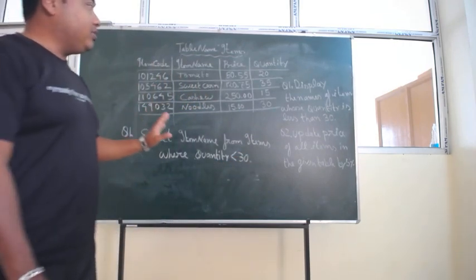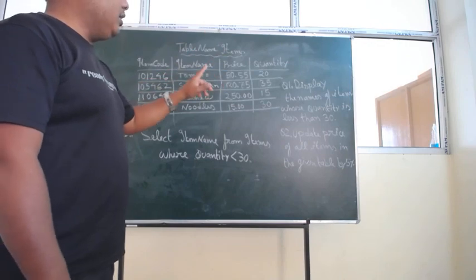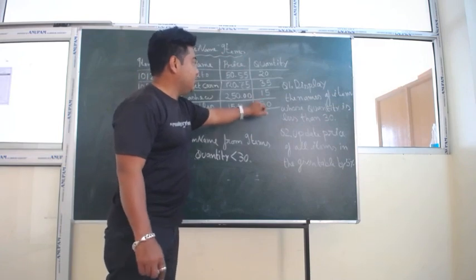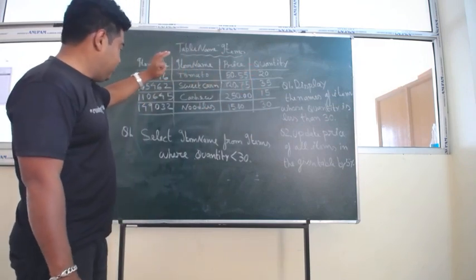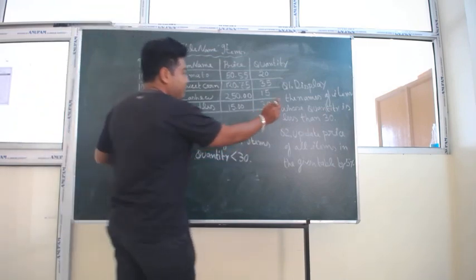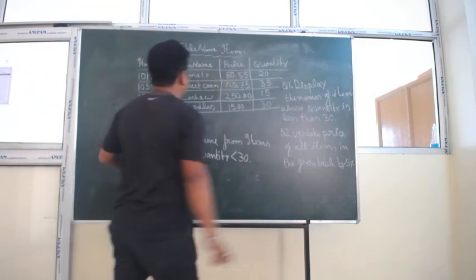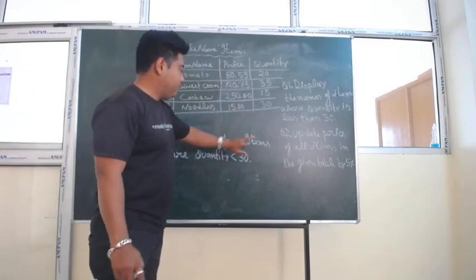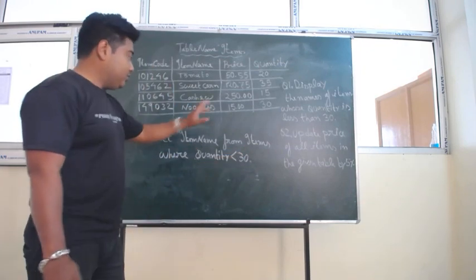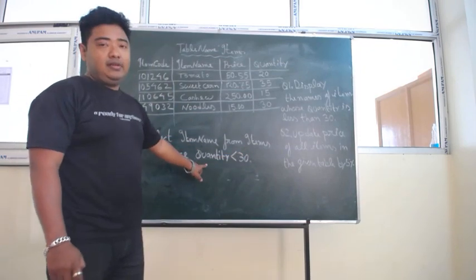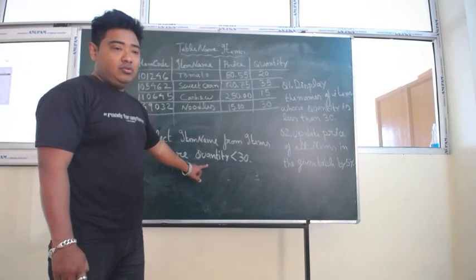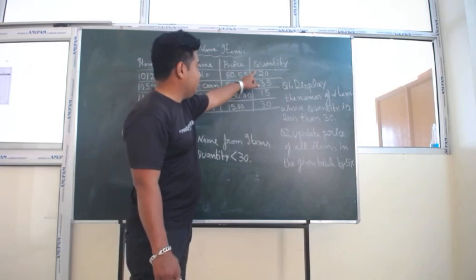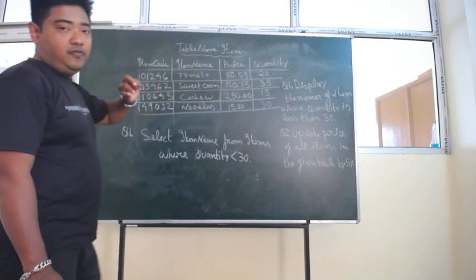The question is: display the names of the items whose quantity is less than 30. Looking at quantity, less than 30, only two items are there. So select item name from items where quantity is less than 30. Now it will show only two records, one with quantity 20 and the other with quantity 50.